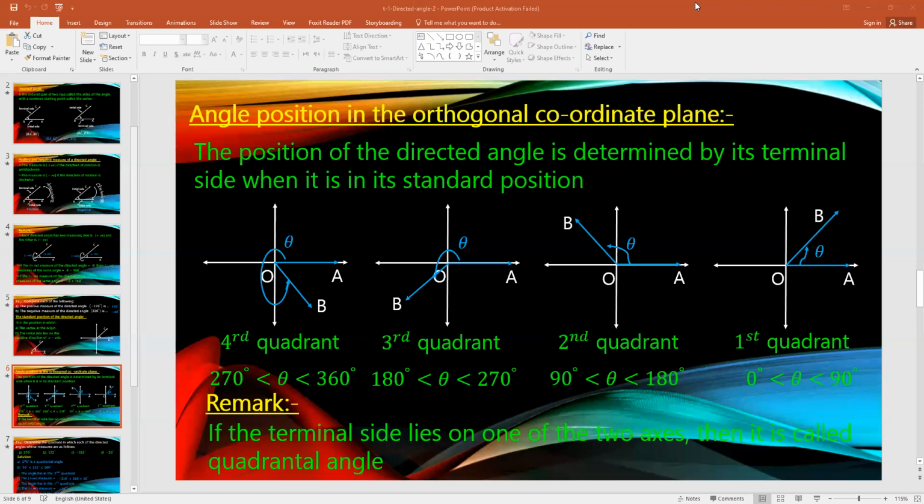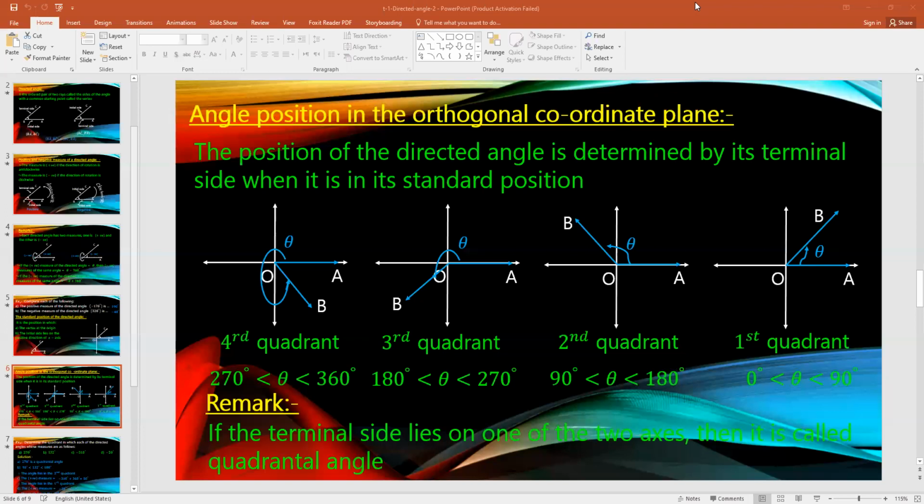For example, if I have this angle, it is in standard position because the initial side lies on the positive direction of the x-axis and the vertex is the origin point. This angle lies in the first quadrant. I want to find the equivalent angle.